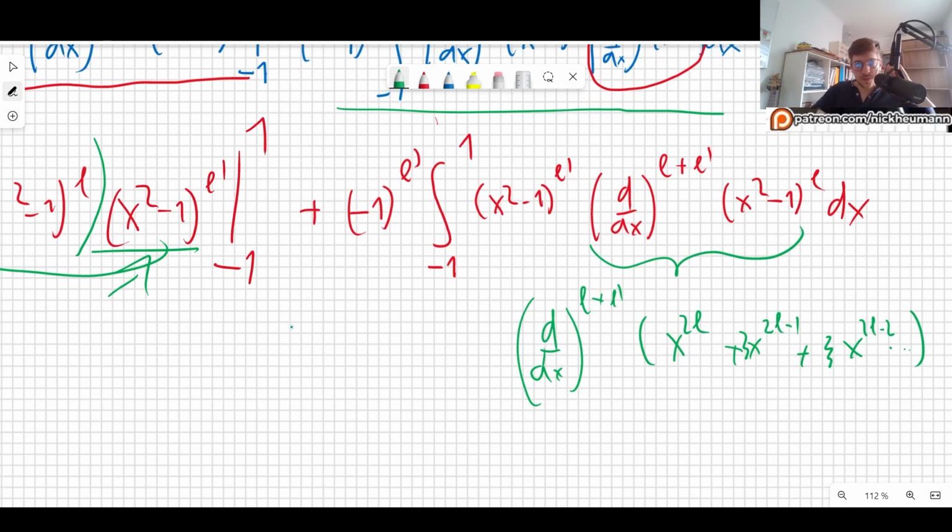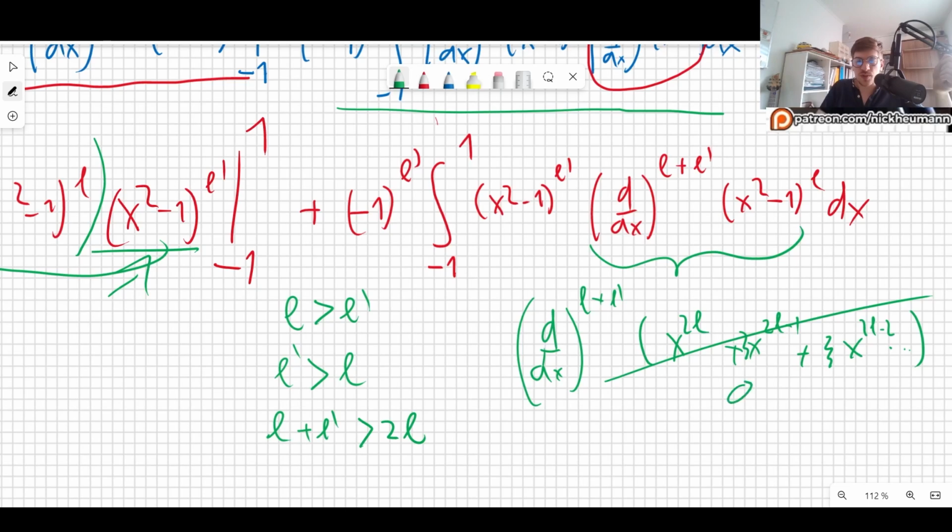But since we know that L and L prime are not equal, we can just see what happens in each one of the cases. What happens if L is greater than L prime, and what happens if L prime is greater than L? So if L prime is greater than L, then L plus L prime is greater than 2L. So in that case, we're going to take more derivatives than the number in the exponent of the polynomial. So all of that will be 0.